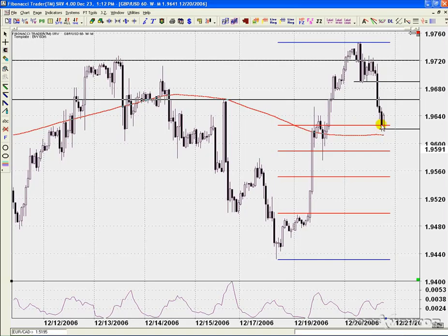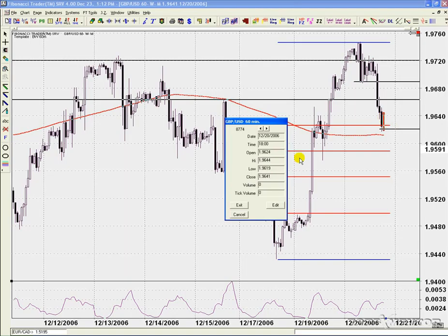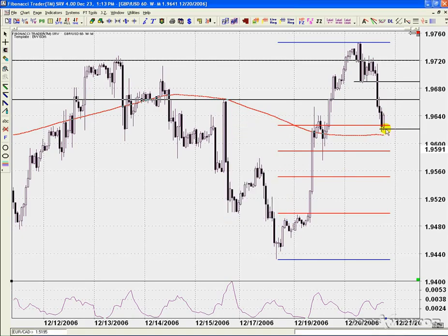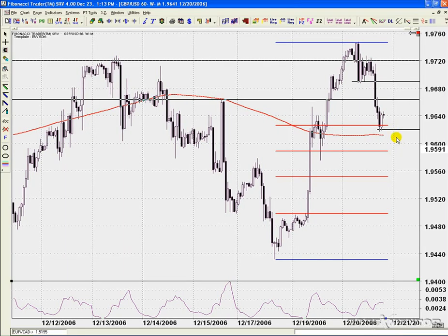We see that the market bounces at the 38% retracement. The range of this candle alone goes from a low of 19 to a high of 44, so it's a 25 pip bounce just off of the 38% retracement and this level of resistance here.